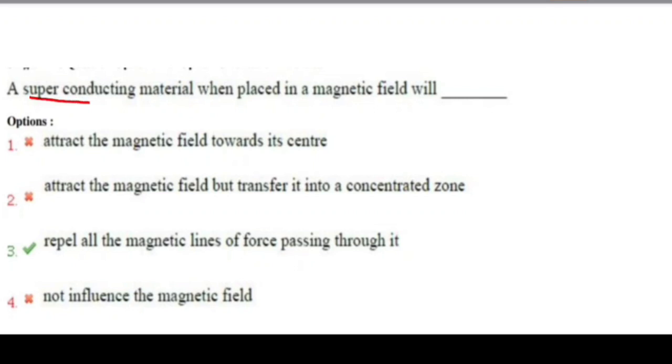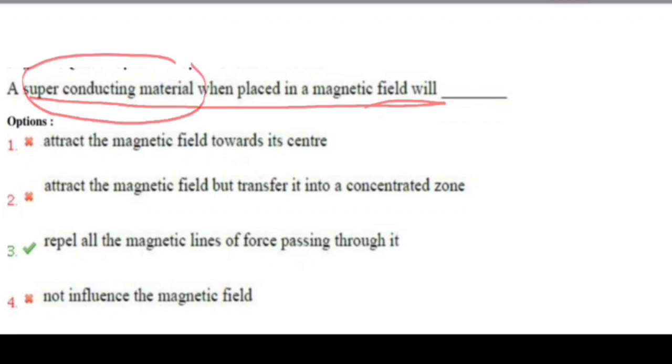A superconducting material when placed in a magnetic field will do what? Options: attract the magnetic field towards its center; attract the magnetic field but transfer it into a concentrated zone; repel all the magnetic lines of force passing through it; not influence the magnetic field.